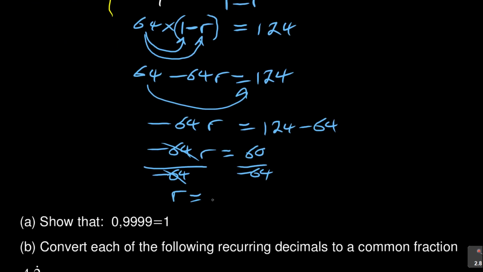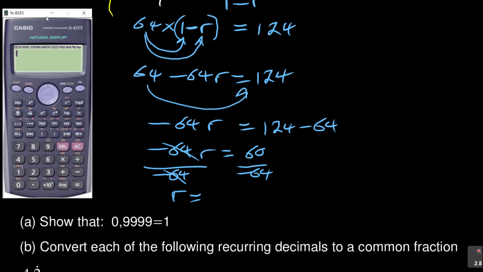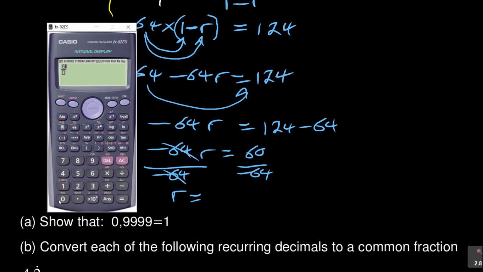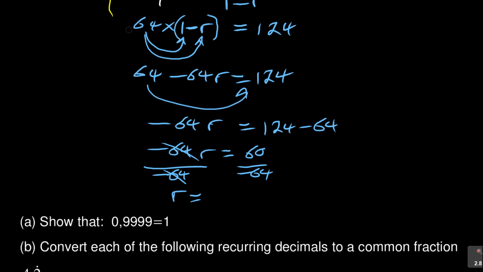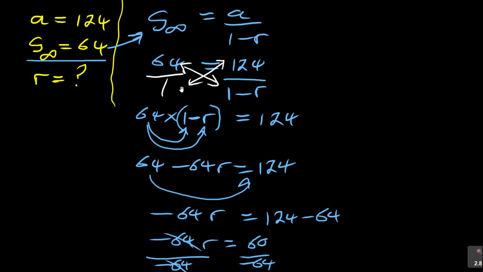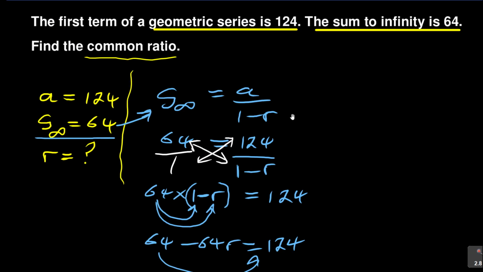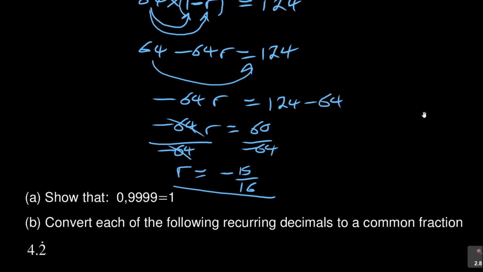Then r is equal to, if I apply my calculator there, 60 over negative 64, it gives me 15 over 16. You can press that, which is, to 2 decimal places, 0.94. Alright, negative 0.94, or you can leave it as negative 15 over 16. Then that becomes the common ratio. Are you with me? So that's how you can solve some of these questions when they come asking for that.